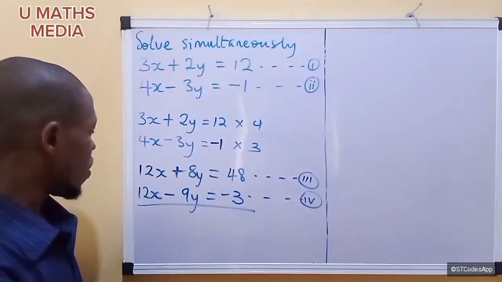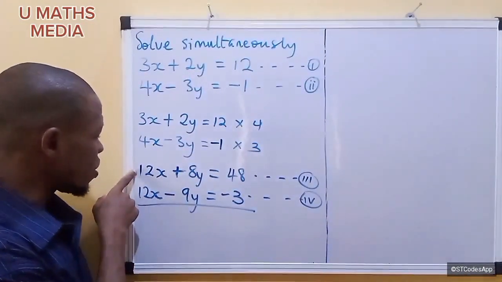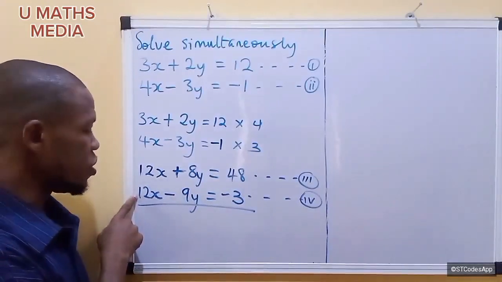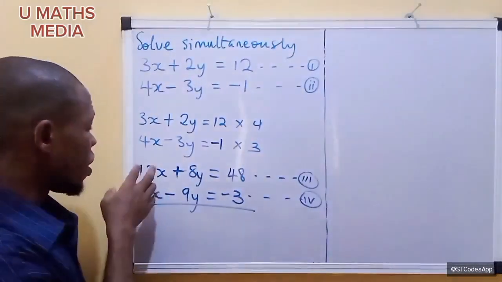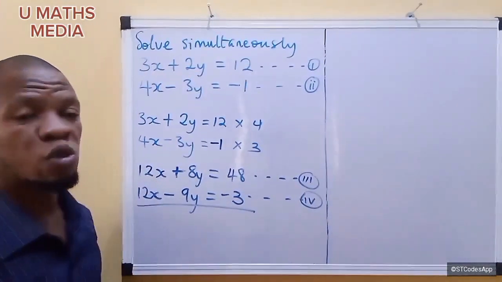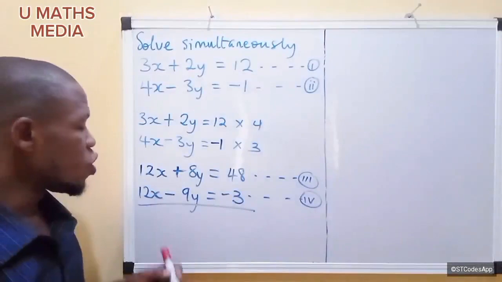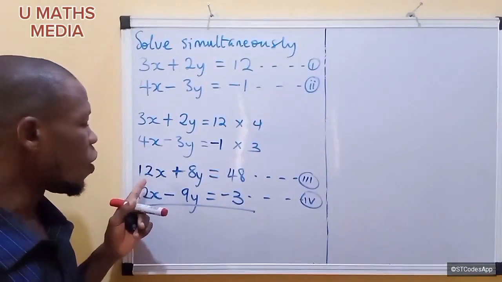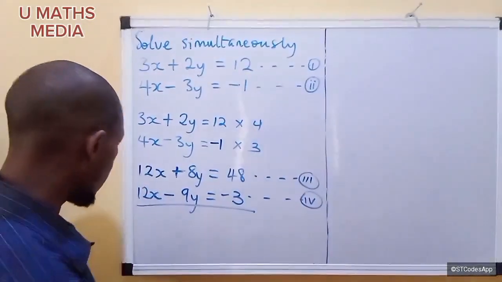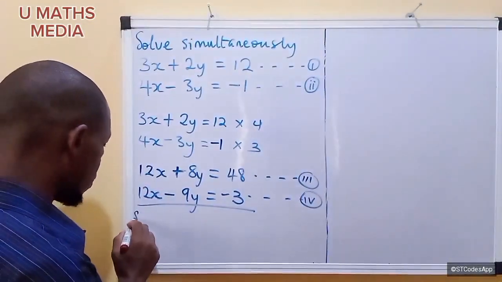Now in this case, in equation 3, 12x is positive. Here 12x is also positive. If I use addition, it's going to give me 12x plus 12x, which will be 24x, so it will not actually be eliminated. So for elimination to take place for x here, it's going to be by subtraction.